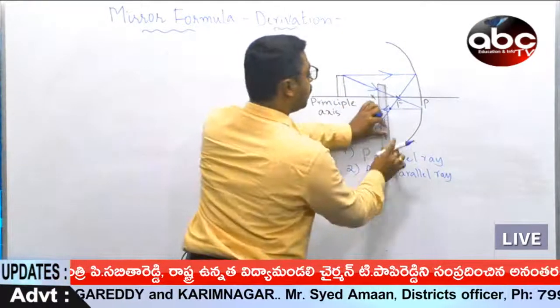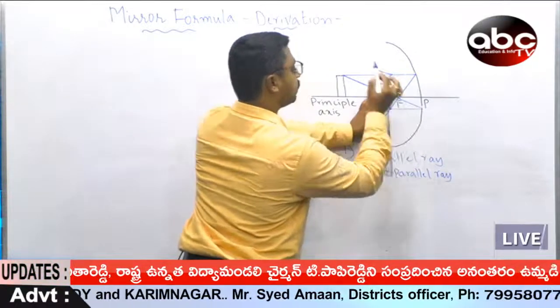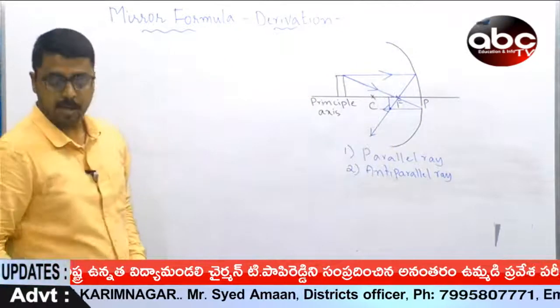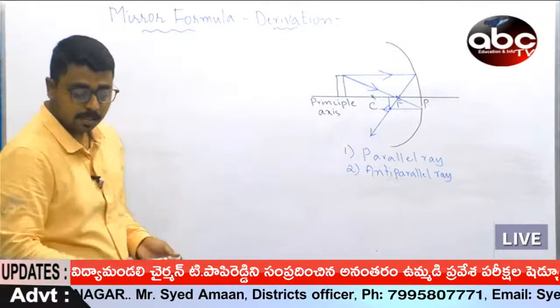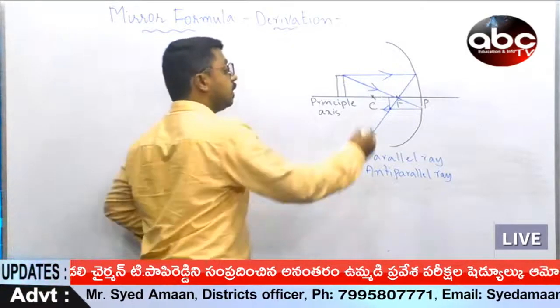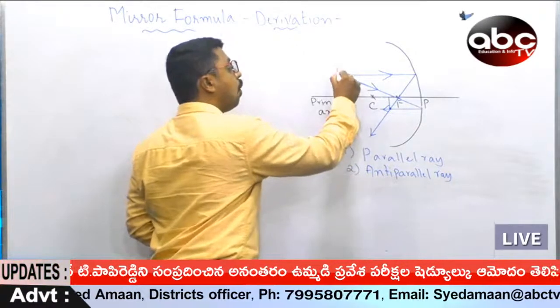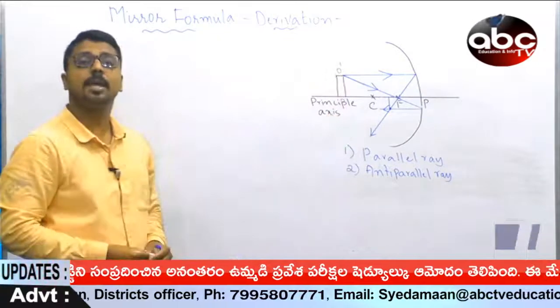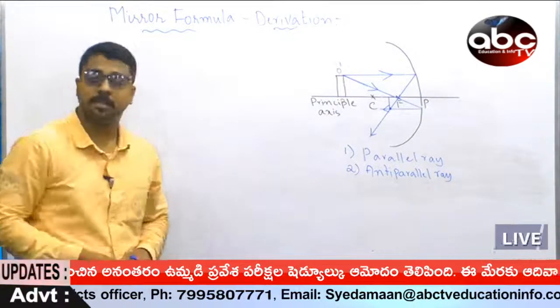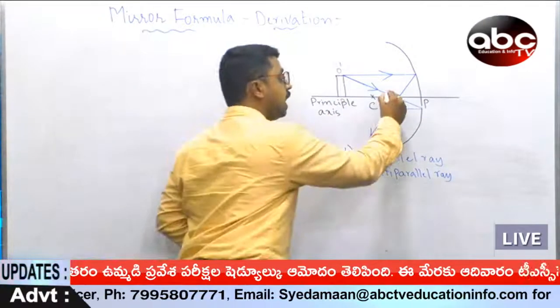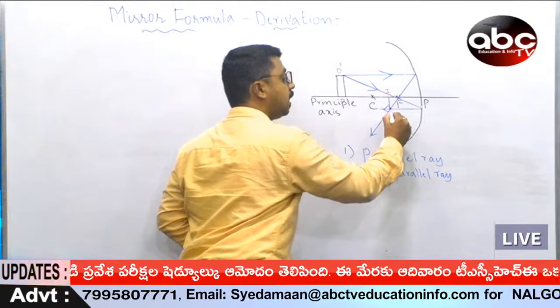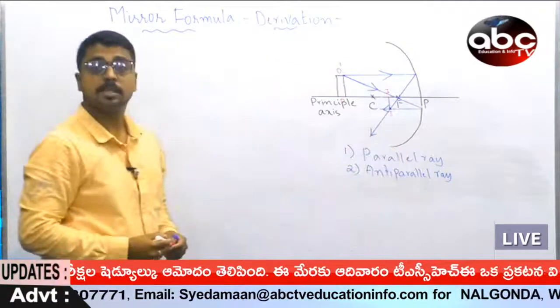This results in an image here. Let us now understand O dash. I am naming an object for my own convenience. Let us name I dash as an image.